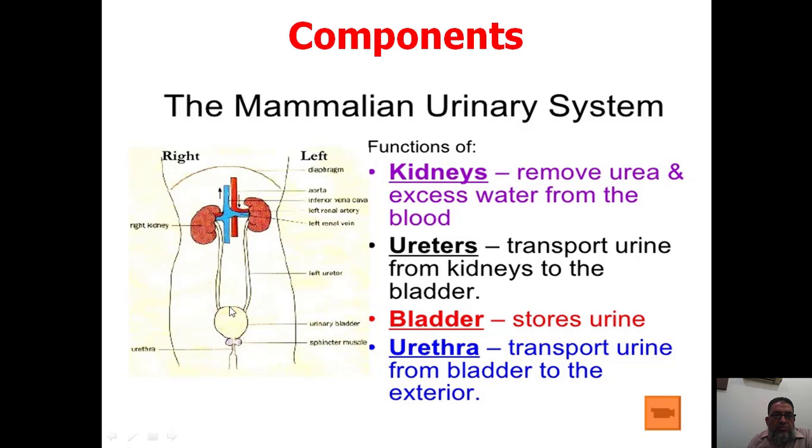So these are the broad functional aspects of the components of the mammalian urinary system.